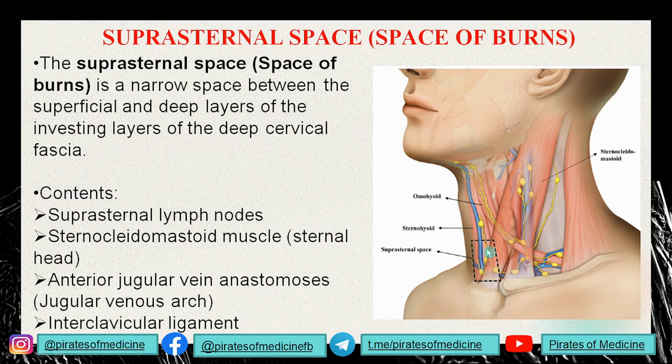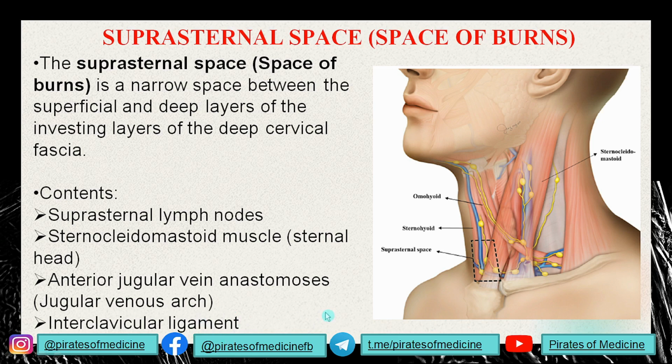And important, what are the contents of this space of Burns? So we have the suprasternal lymph nodes. You can see these lymph nodes. The sternocleidomastoid muscle heads are present in the space of Burns. The anterior jugular veins anastomosis, which is the jugular venous arch, and also the interclavicular ligament.